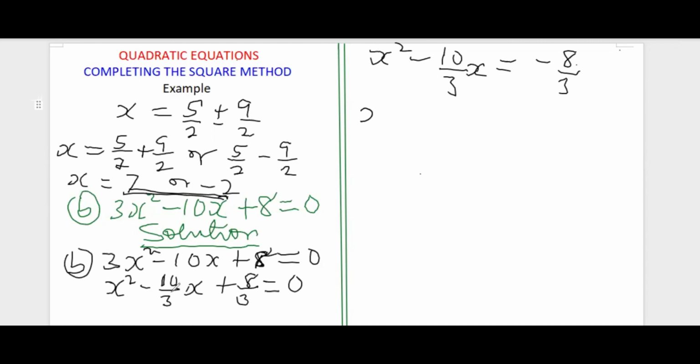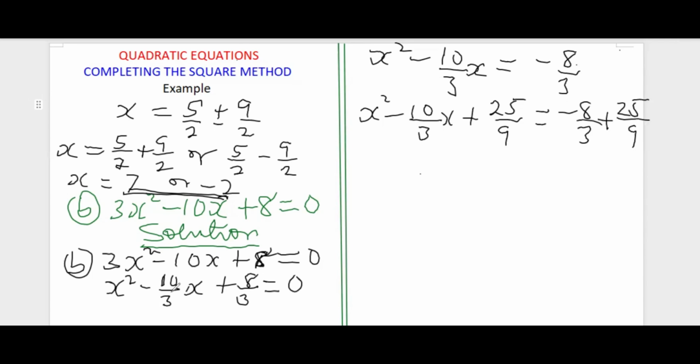Both sides: x squared minus 10 over 3x plus 25 over 9 equals negative 8 over 3 plus 25 over 9. So this is perfect now because half of this is minus 5 over 3, and when you square it, it is plus 25 over 9. So that means this left-hand side is a perfect square now.